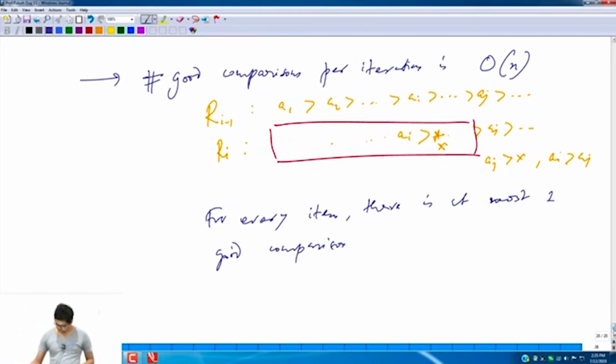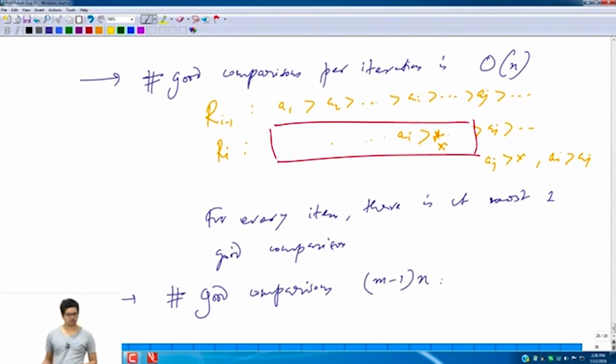So, the total number of good comparisons is m minus 1 times n, because for the first voter we used merge sort, and for the rest m minus 1 voters, every voter can have at most n good comparisons.